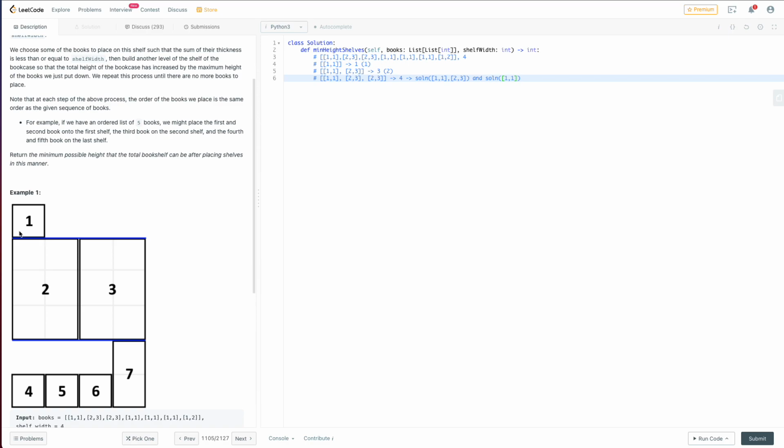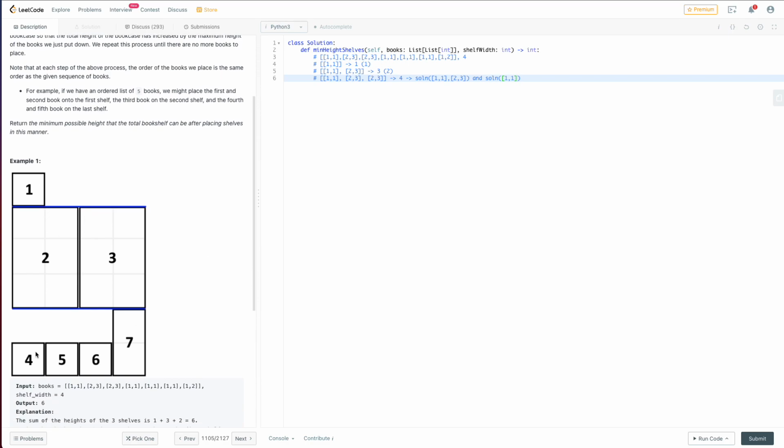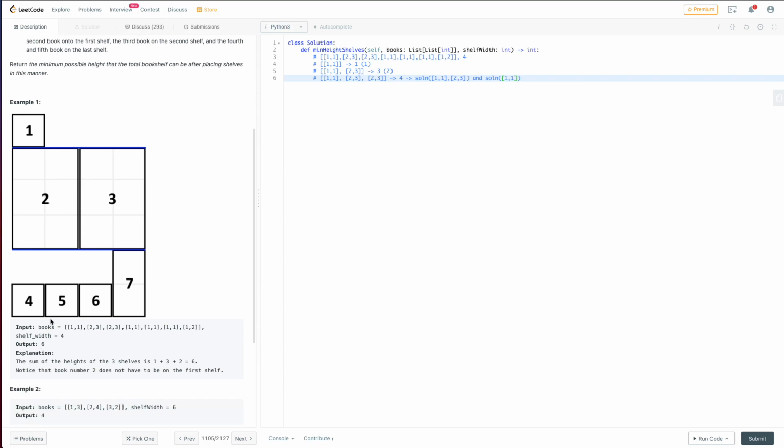On each shelf, suppose there's no 1, 2, 3 and we're just looking at this. On each shelf, it doesn't really ever do us any good to start a new shelf if the thing isn't exceeding the width of the shelf.